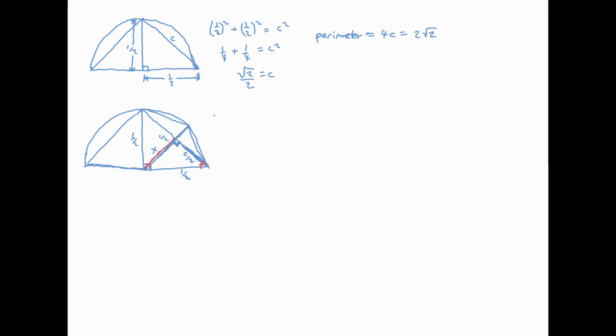So it'd be x squared plus c over 2 squared is equal to 1/2 squared.